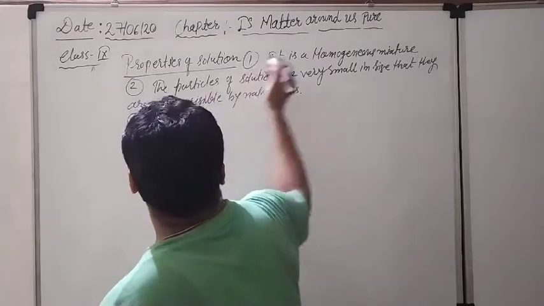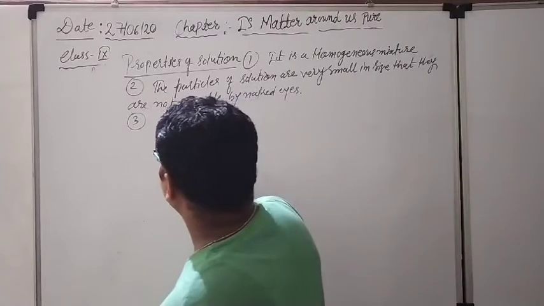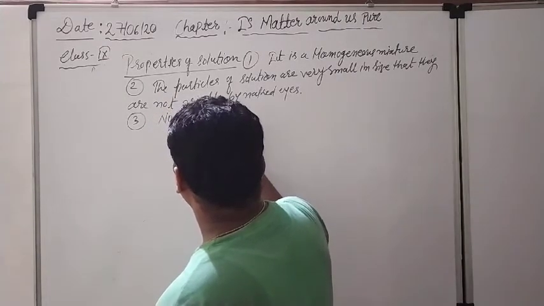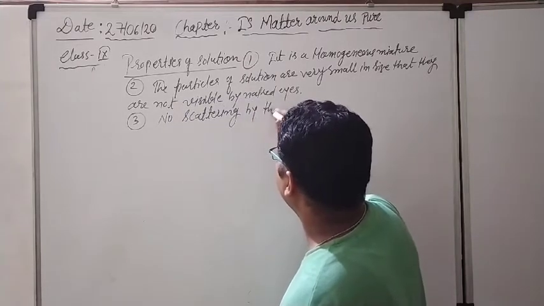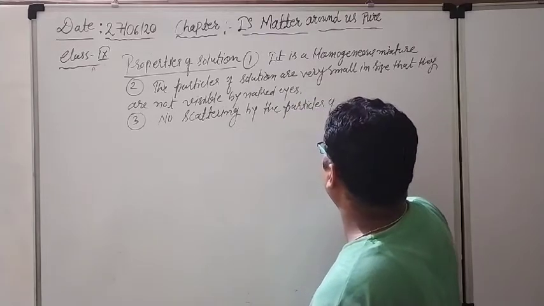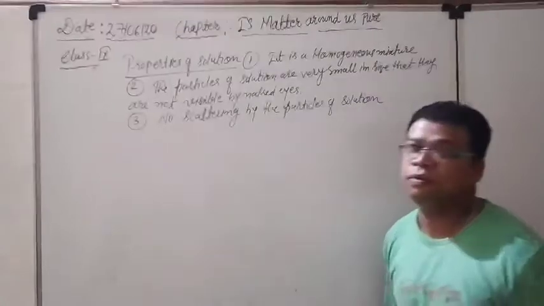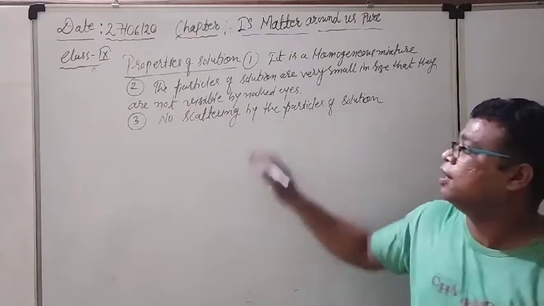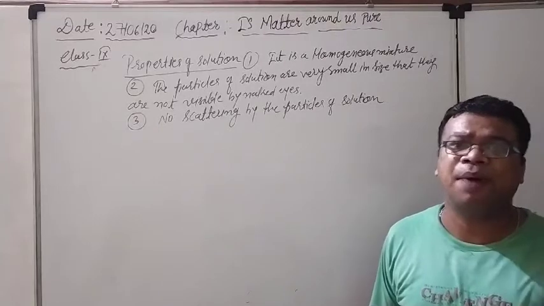The third thing we are knowing is no scattering by the particles of solution. Whatever particles are there, they are very small in size, and that's why they are not able to scatter the path of light.